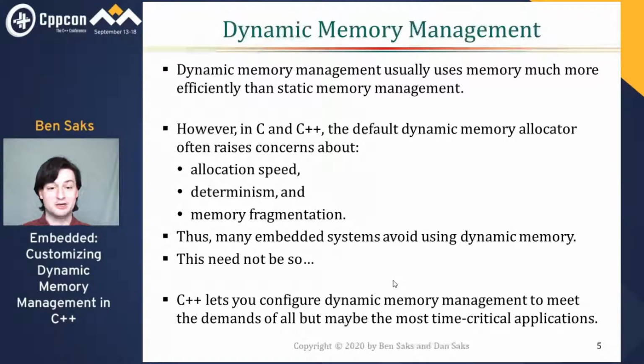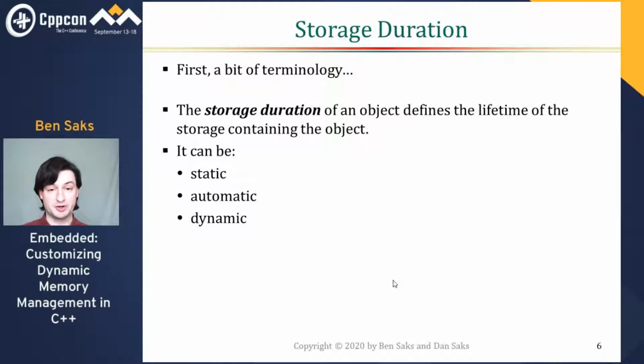Okay. First off, let me just make sure we're on the same page. When I talk about objects, objects in C++ have a storage duration, which is the lifetime of the storage that contains the object. And it comes in three flavors: static, automatic, and dynamic.